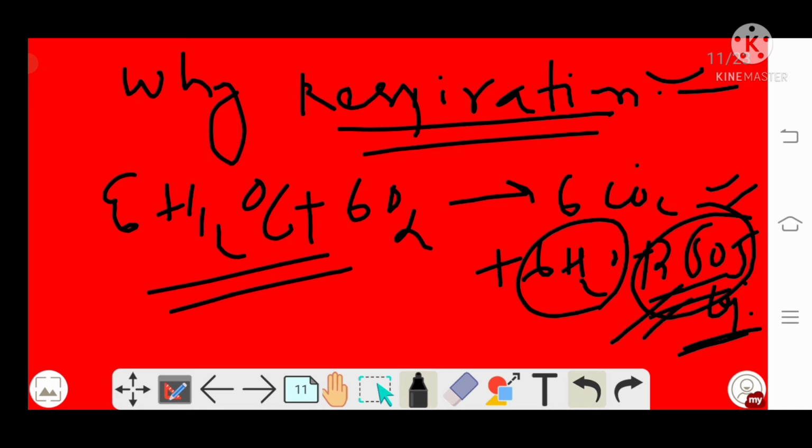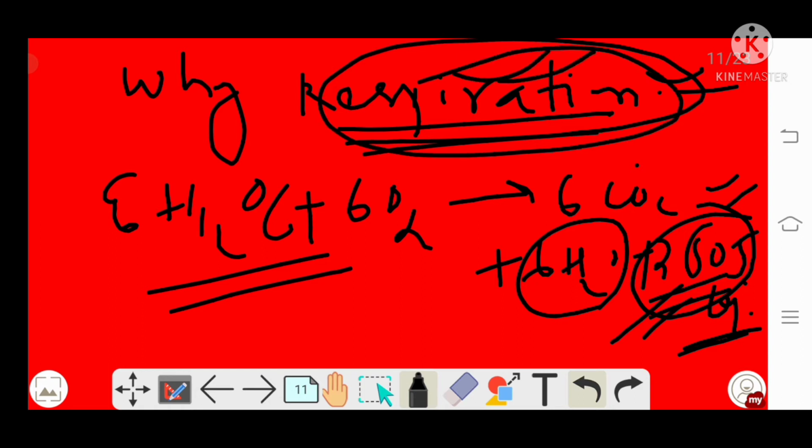So that's why respiration is an exothermic reaction.